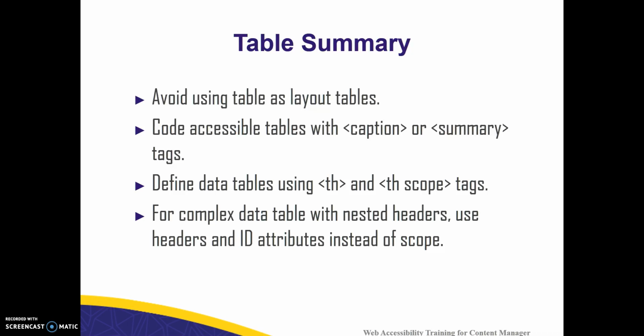And for complex data tables with nested headers, you want to use the headers and ID attribute instead of scope. And you use the table heading tag TH to identify cells that are either row or column headers.